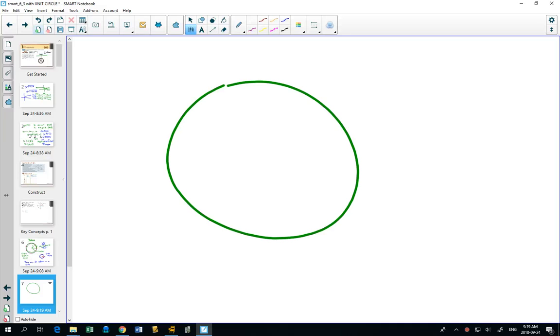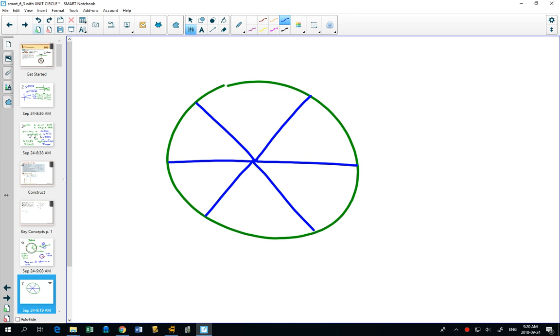So what he did is he started off with a circle like this and said, if I break this into 60-degree angles, that would make a perfect hexagon inside of my circle. And if I was racing someone and I could choose whether I wanted to run around the green track, which is all the way around, or the blue track, I'd pick the blue track because it's shorter.